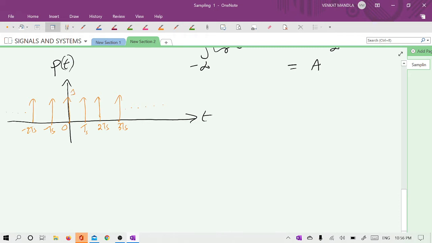Let us say the value of each is 1. So this is called the impulse train. It has period equal to Ts. Okay.